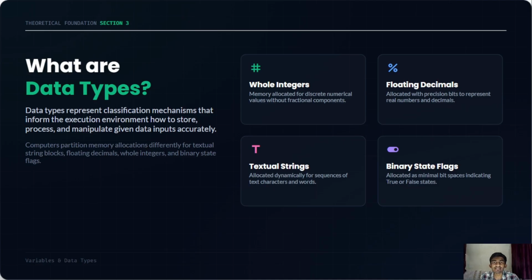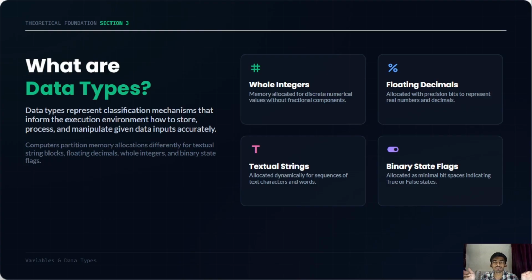The first one is integers. These are whole numbers like 10, 25, 100 and so on. Even negative numbers are whole numbers, but floating numbers with decimals are not whole numbers. They are considered under float, which has decimal numbers like 3.14, 9.9 or 7.5.